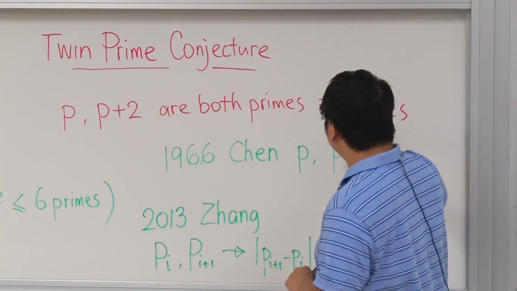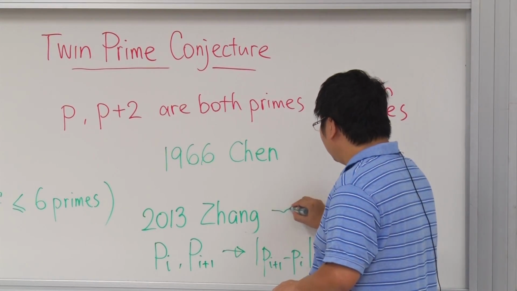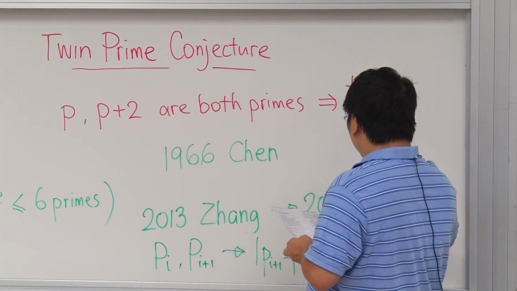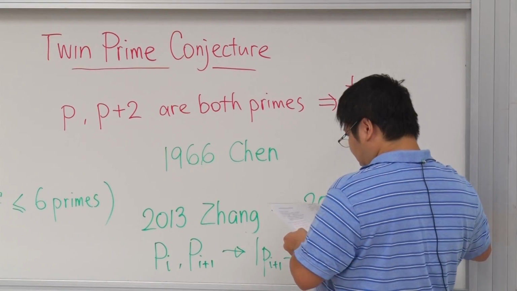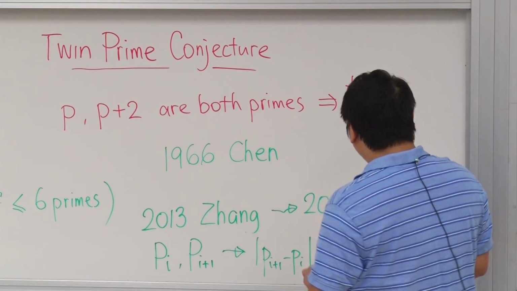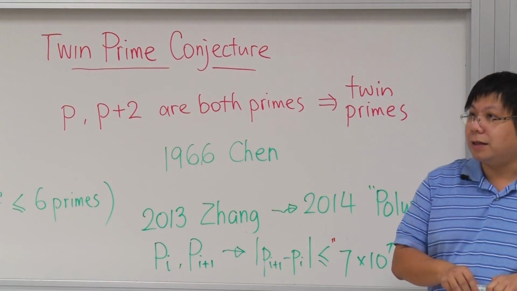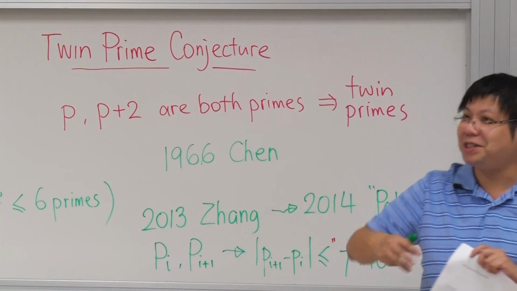Later, this bound was further improved, in just 1 year, by the Polymath project. The Polymath project is a project to have mathematicians collaborate through the internet.